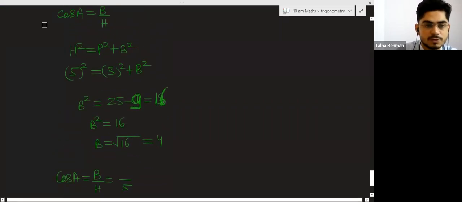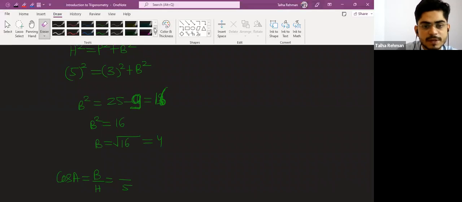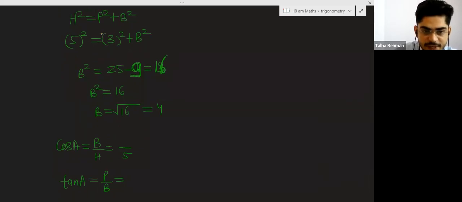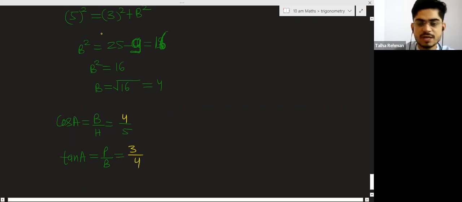Okay, so cos A is equal to base, that is 4, over hypotenuse, which is 5. Perpendicular is given as 3, base is 4. So this is the answer.